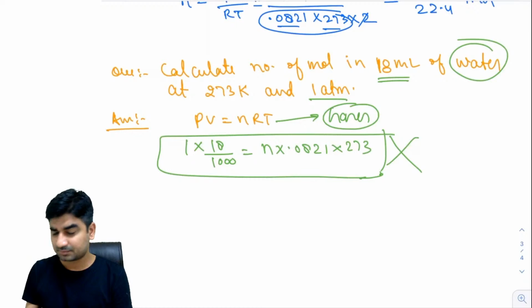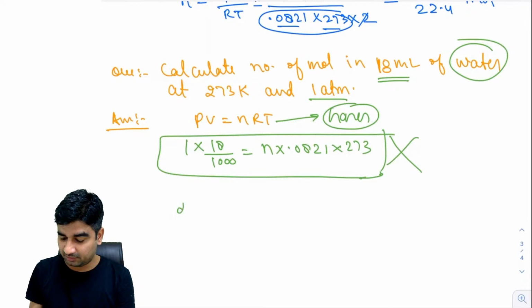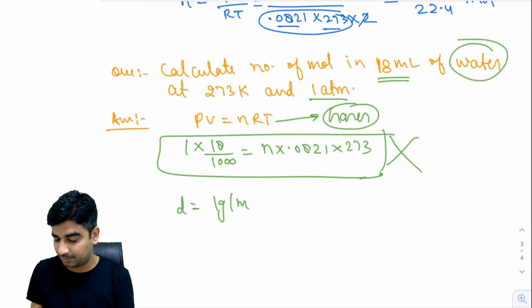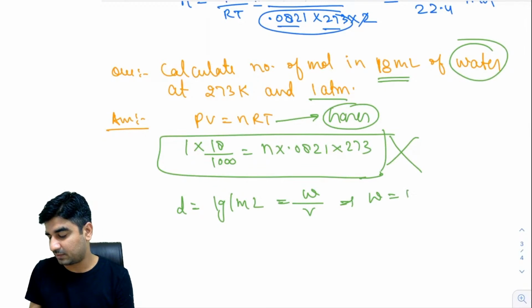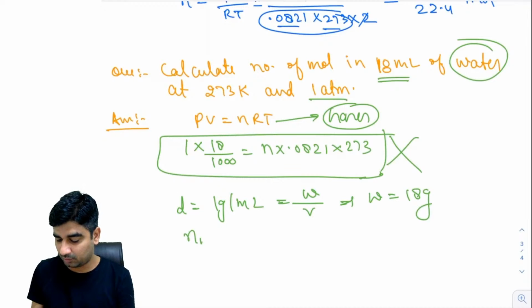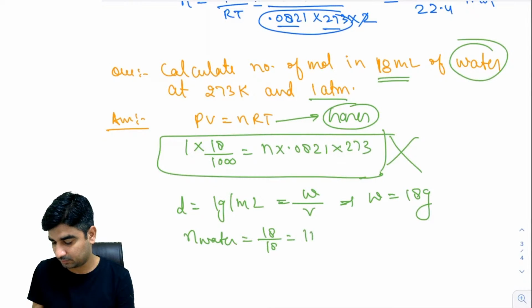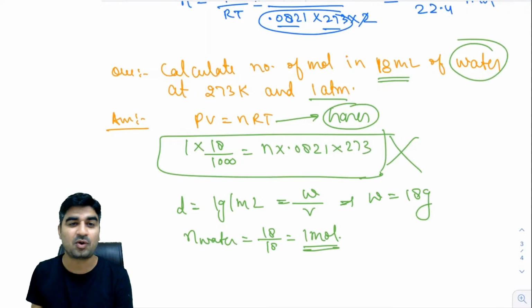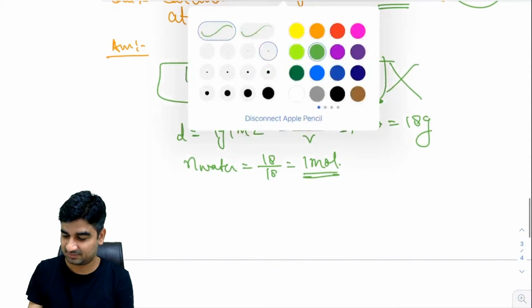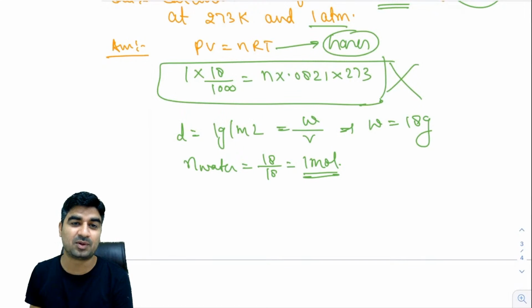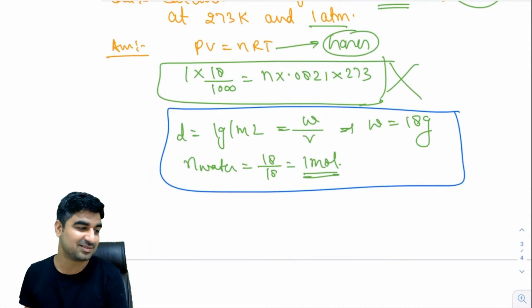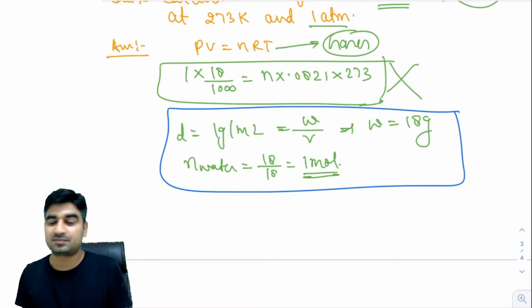If water is a liquid, then we know density of water is 1 gram per ml. So mass will come 18 gram, so mole of water will be 1 mole. If it is 1 mole, problem is done. So that's the error which you guys commit.